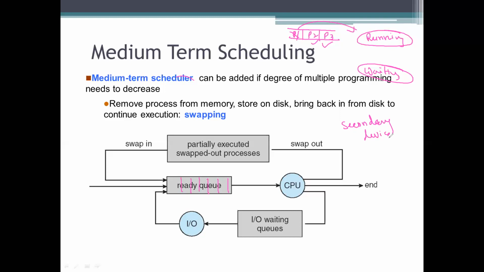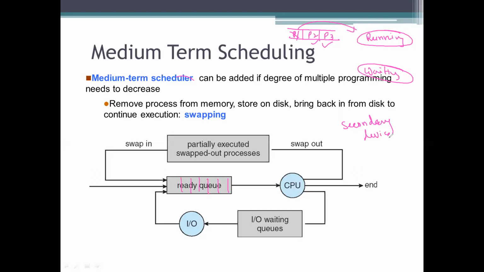So the task of the midterm scheduler is that it should create a good mixture of CPU bound processes and IO bound processes inside the ready queue, so that both the CPU and IO devices are utilized in a certain percentage. That means no one should be sitting idle.